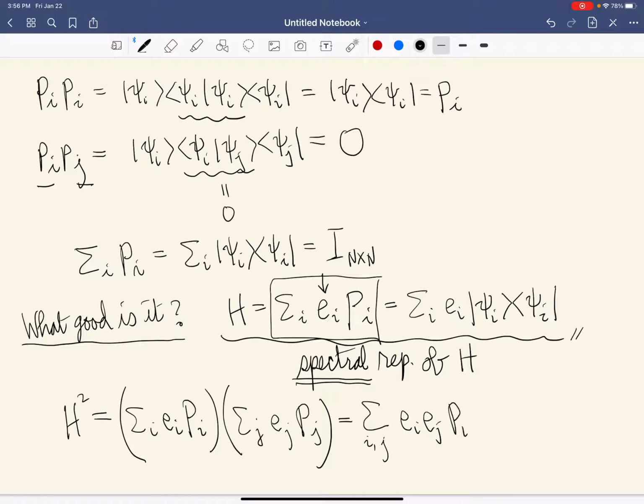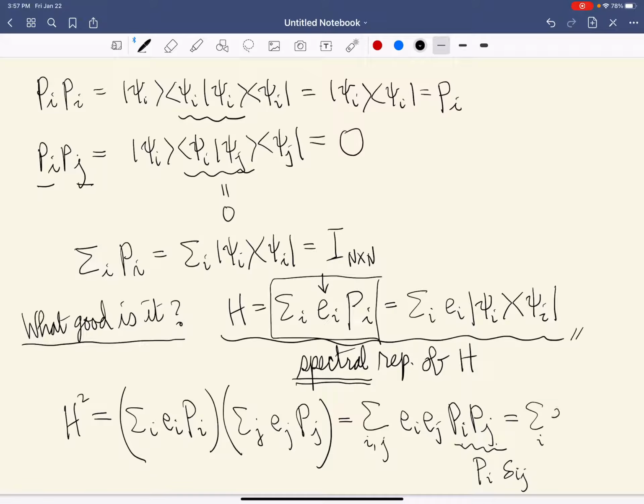E_i E_j P_i P_j. But this product of projection operators is equal to 0 unless i and j were equal, in which case I just get back the same projector.